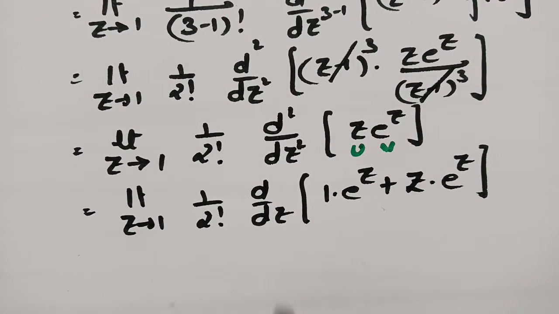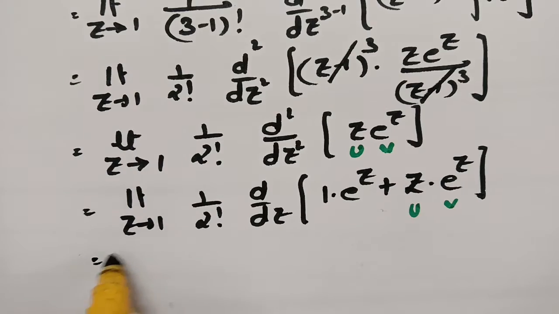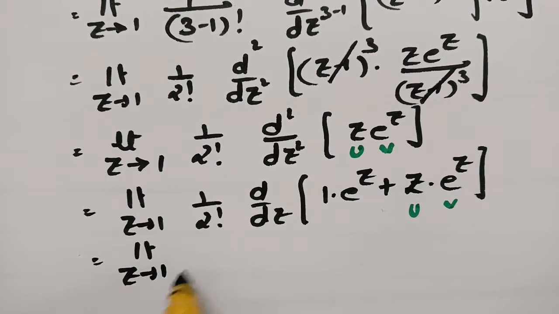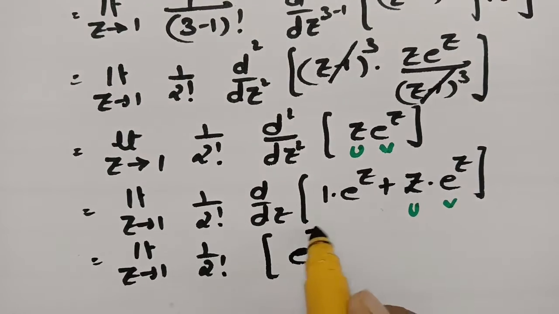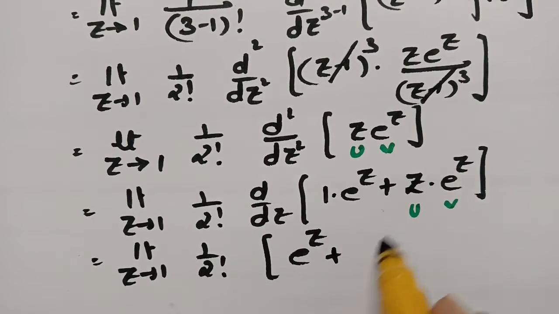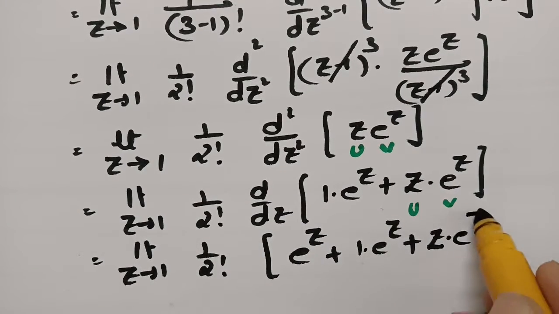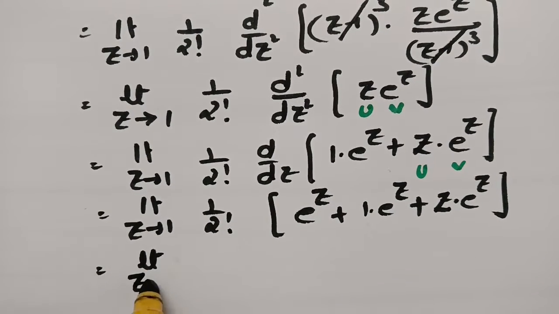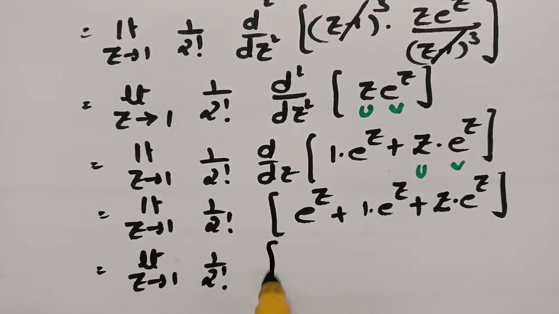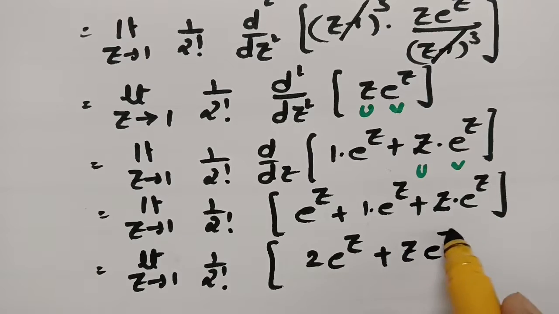And again I have to make a derivative, using the UV rule again. For e power z it is e power z. For z this is 1 into e power z, and again z I am leaving, e power z is e power z. So this will be limit z tends to 1, 1 by 2 factorial, and there are 2 e power z's, 2 e power z plus z into e power z.